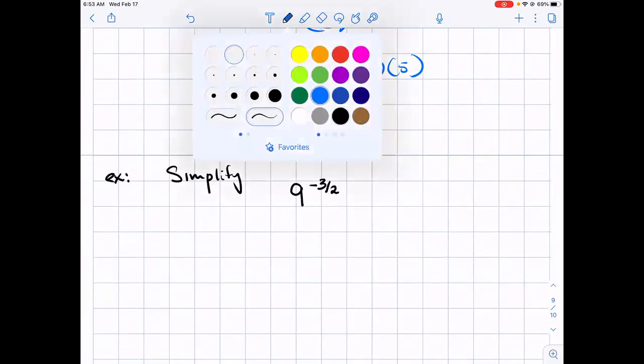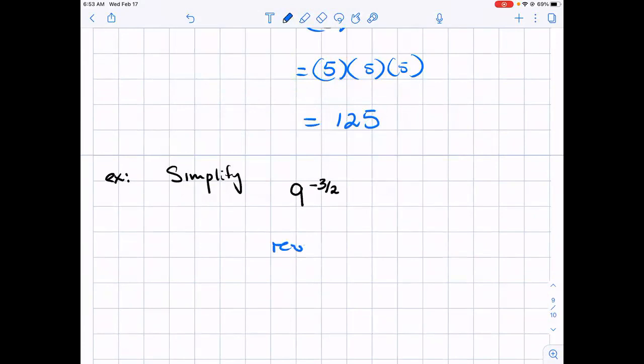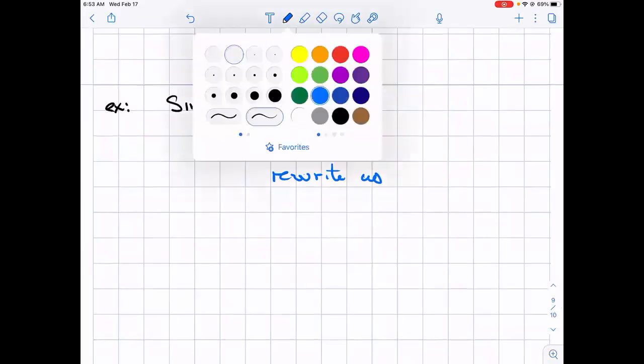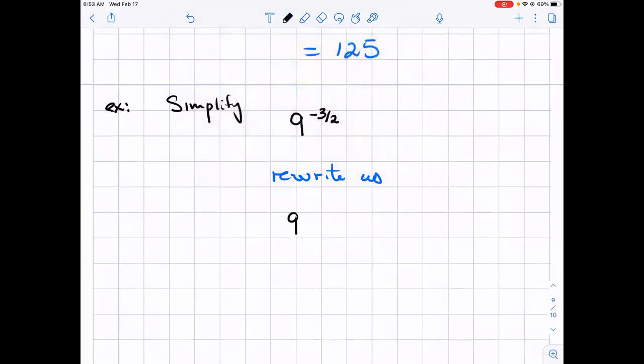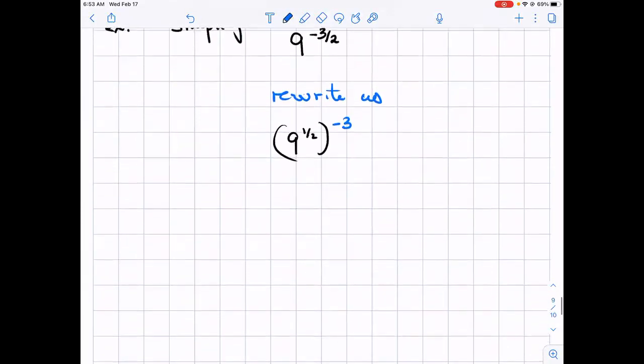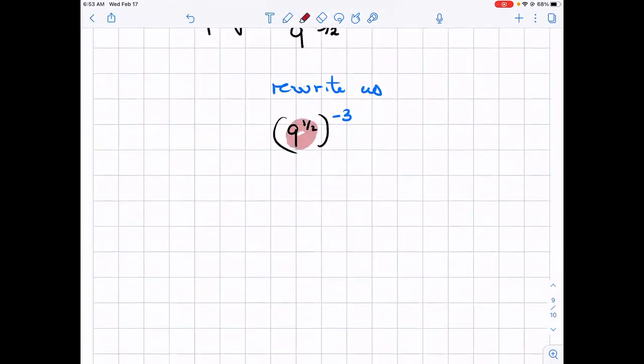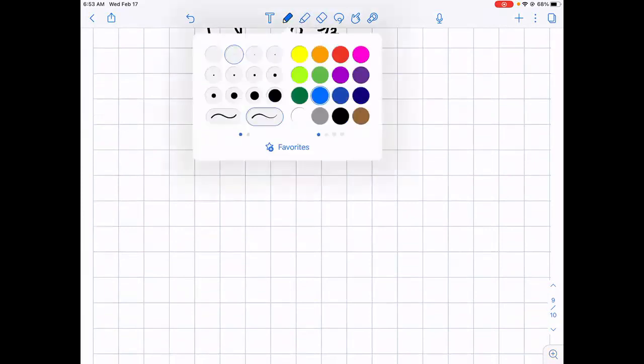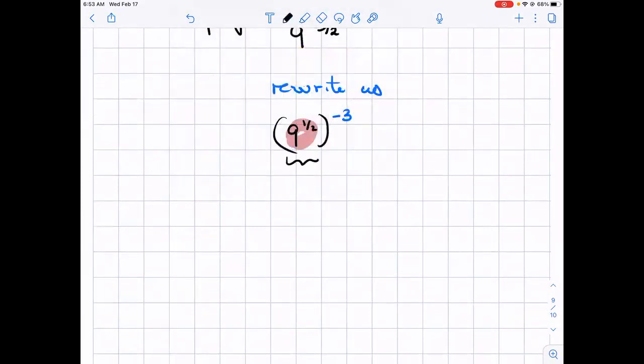I can still rewrite this as 9, the denominator is a 2, so this becomes 1/2, and then I have a minus 3 power on the outside. We know that the 1/2 power is the same as square root. So this portion here is 3. And then we raise that to the minus 3 power.